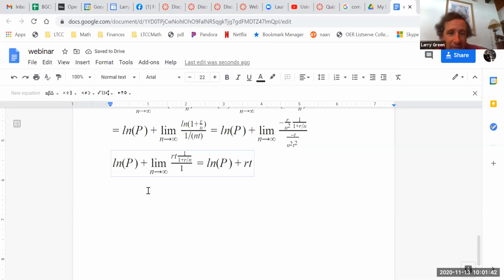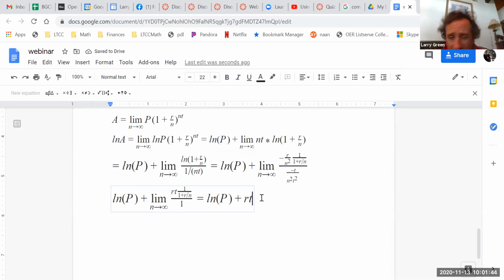We're almost there. All right, let me just summarize what we've got. On the left-hand side, we have ln of a. On the right-hand side, we have ln of p, and then plus RT.